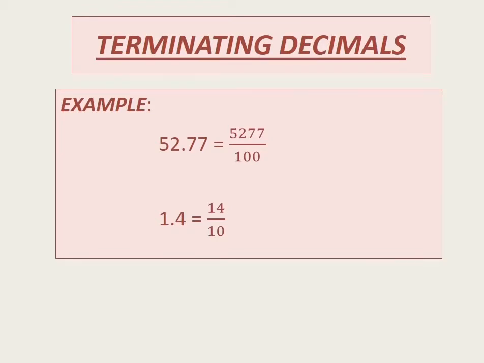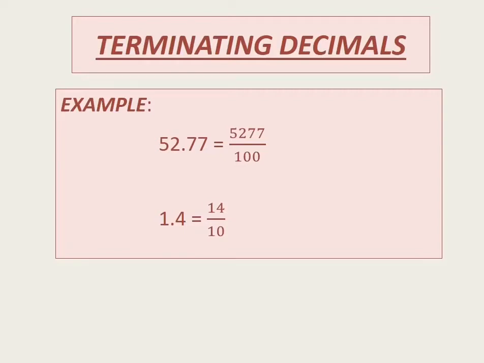As 14 is an integer and 10 is an integer, it means the ratio of two integers, and this number is equal to 1.4. So it's also a rational number, right? In this way, we can represent a rational number in decimal numbers, okay?